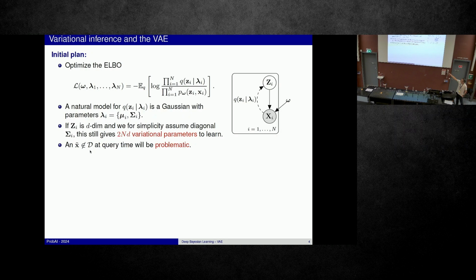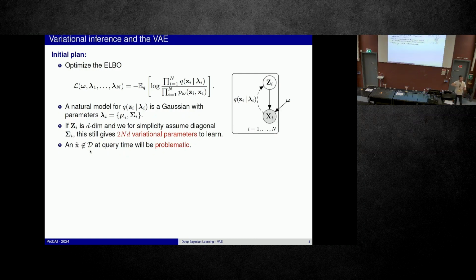Let's assume that our variational distribution for each data point is just Gaussian, parameterized by a mean vector and a covariance matrix. So if we, for instance, assume that we have a d-dimensional latent space, then we would have a d-dimensional vector Zi here, and we could have a diagonal covariance matrix, also consisting of d components, one for each of the latent variables.